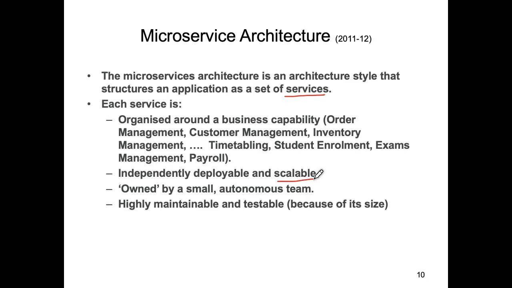With the monolithic architecture, we have to scale up the entire application just because of heavy traffic hitting one part of it. Whereas in the microservices architecture, we scale up the particular service that's being subjected to heavy workloads.